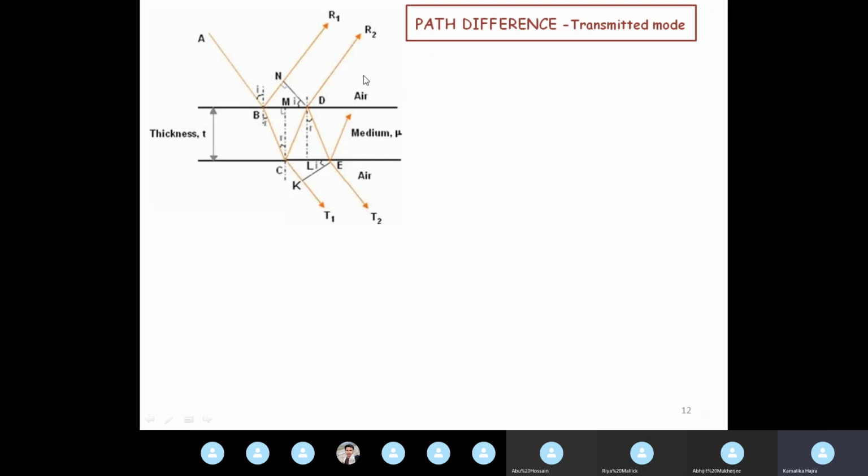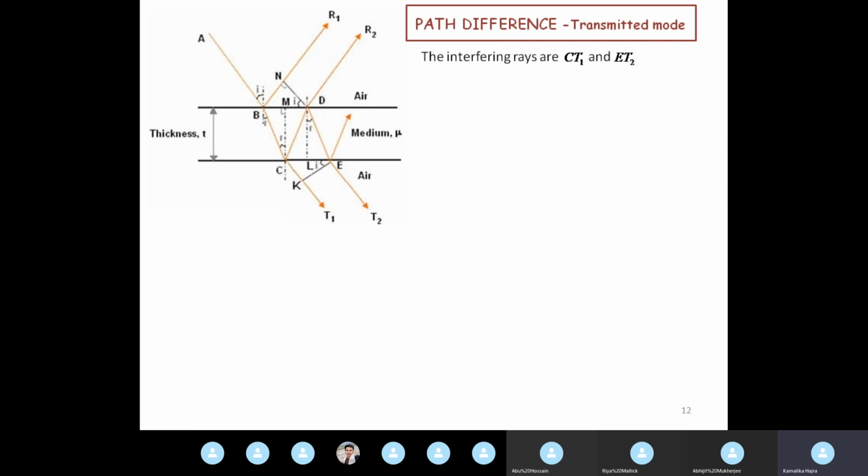If you are viewing the film from above, we say that we are viewing it in the reflected mode, and we see the fringes, and we saw what in the reflected mode are the conditions of brightness and darkness. In the same manner, we can view the film from below, and we can again see the fringes, and again we will have the conditions of brightness and darkness.